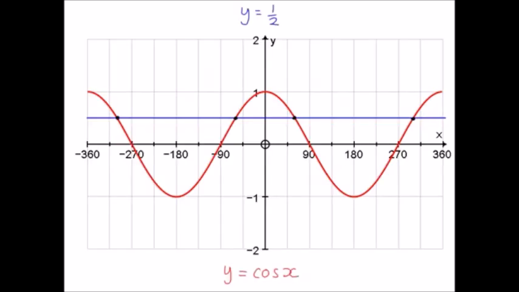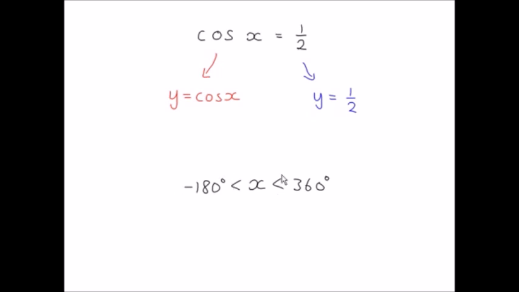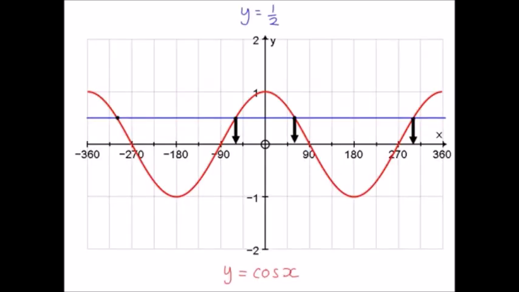So we're looking for this solution, the value of x here, the value of x here, and the value of x here. This one here is outside the range. We only want those between minus 180 and 360. So only solutions along here and nowhere else.